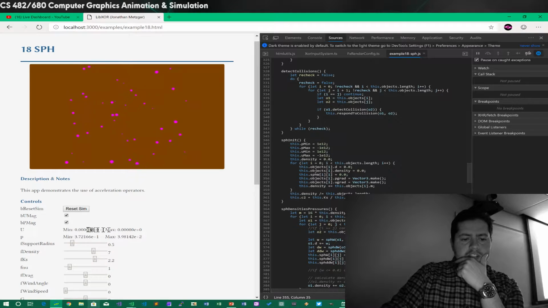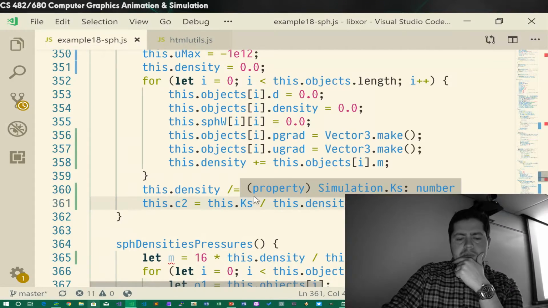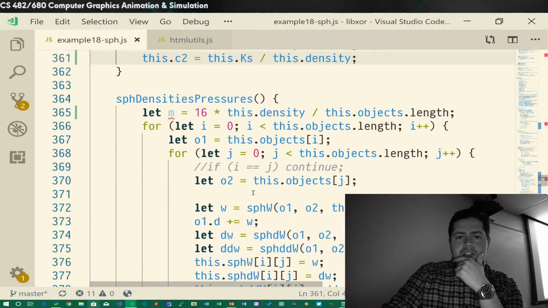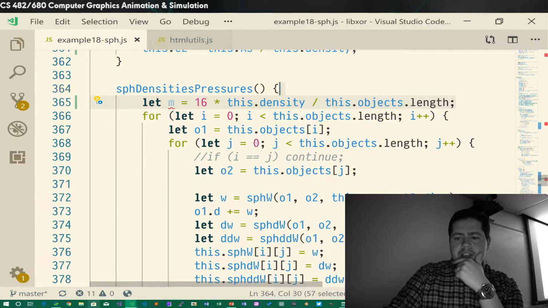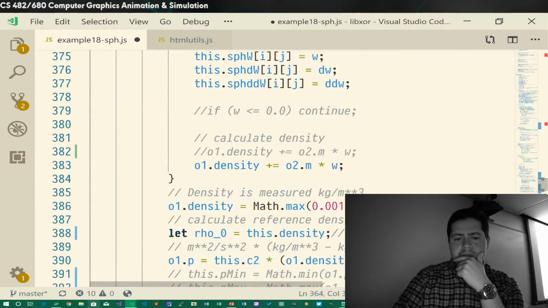Oh, okay. We're not actually changing their initial particle velocity. I guess I need to do that. Well, kind of. The pressures are changing, so I guess that's a good thing. We're not simulating the pressure gradient, but we could. Let me delete that because that's not what we want.